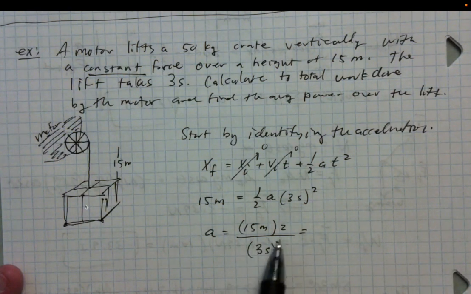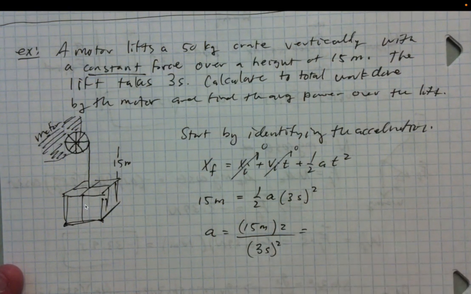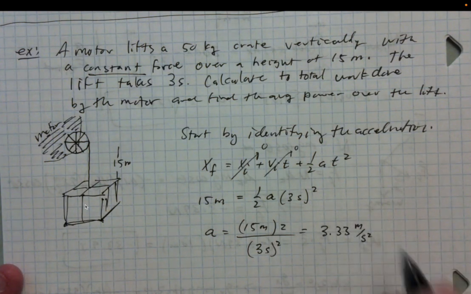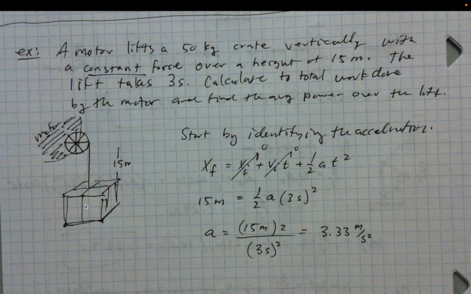That's 15 times 2, so 30 divided by 9, and you get 3.33 meters per second squared. This is the acceleration that the crate undergoes as it's being lifted 15 meters into the air.